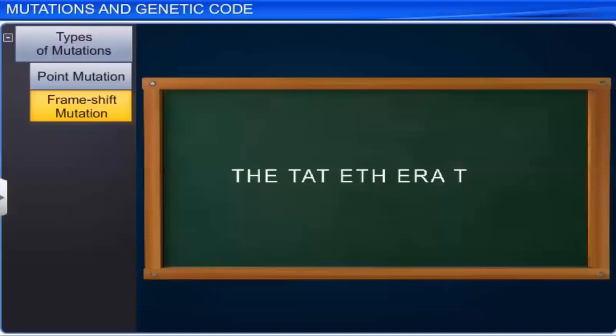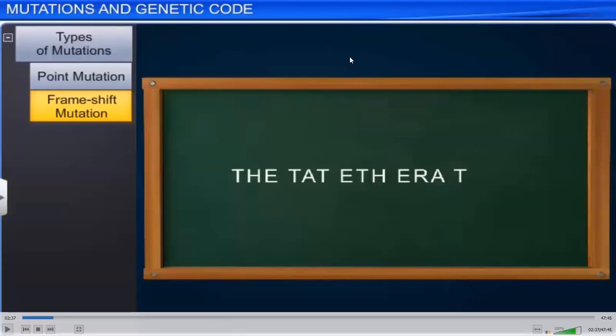Now here they are showing the deletion. Instead of insertion, if two get deleted, what will happen? The "the" is still right, fine. After that it was cat, then ate, then rat.